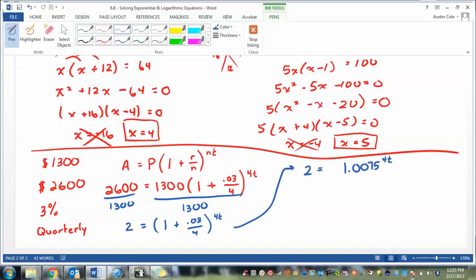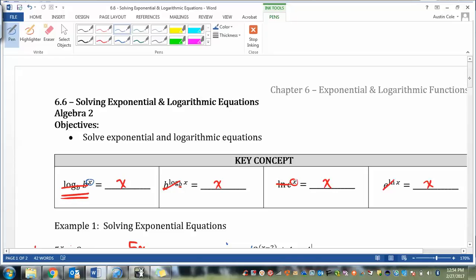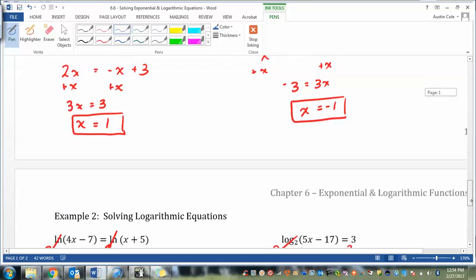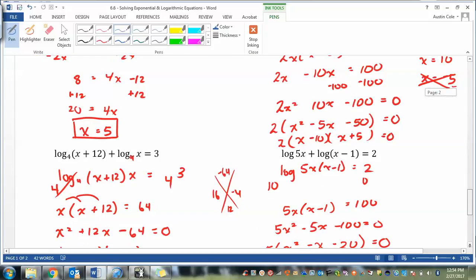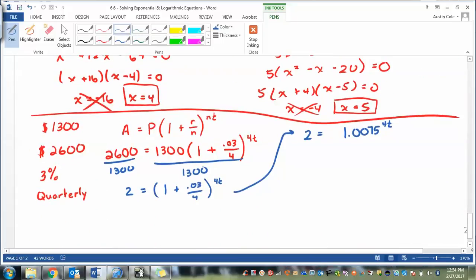If I go back up to example 1 on the front of my page, it was 5 to what power equals 3? Well, I had to log both sides. And this is where people start to mess up a little bit, because it's a new idea. We've divided on both sides, we've square rooted both sides. Well, now I need to log.